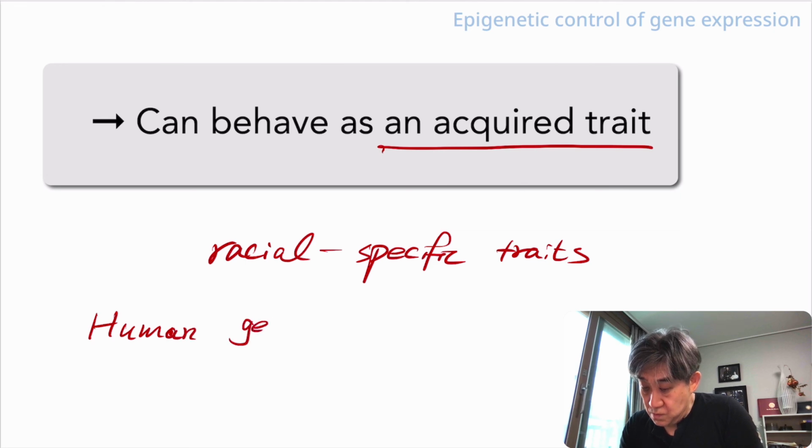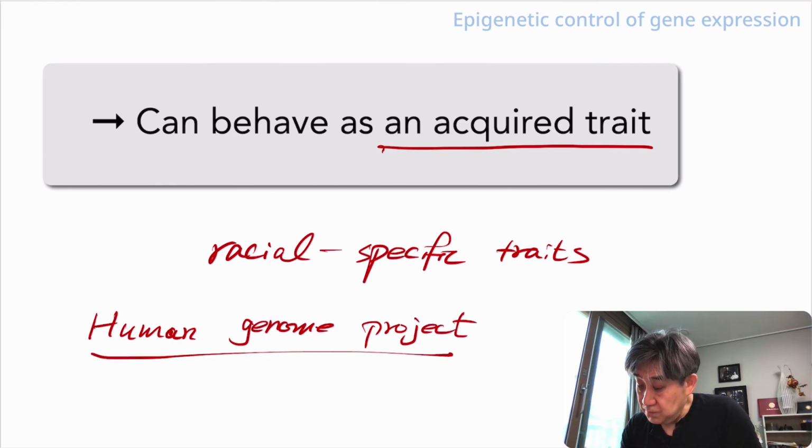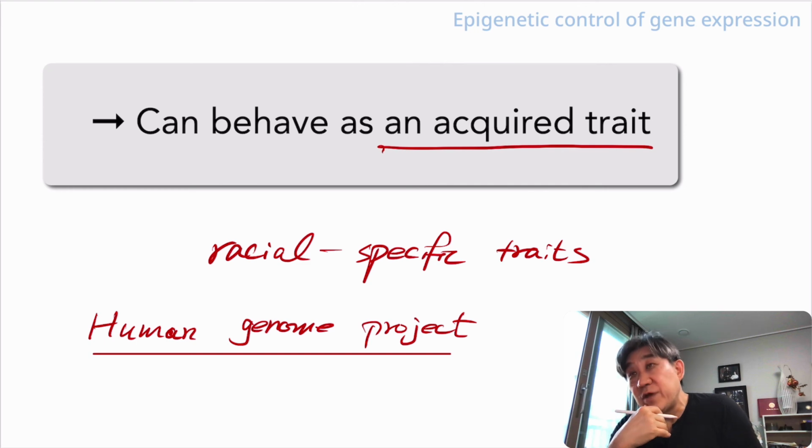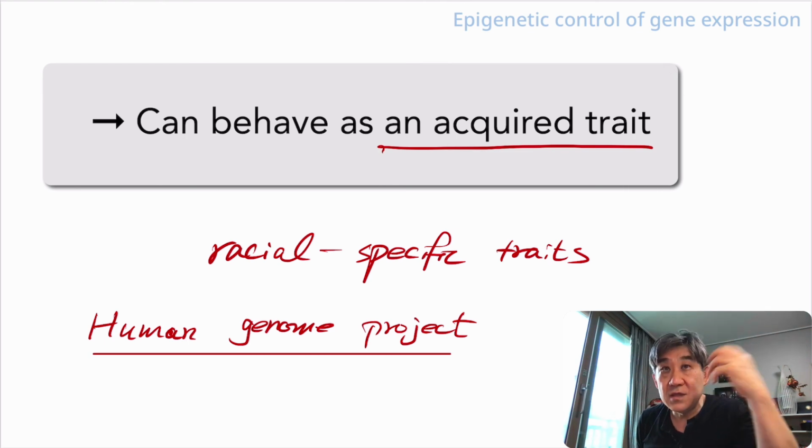the human genome project, when it was finished, the scientists were very excited at the time, because once we have read all the alphabets in our entire genome, now is the time to ask what the difference in these alphabets is among different races, like blacks and whites and Asians.